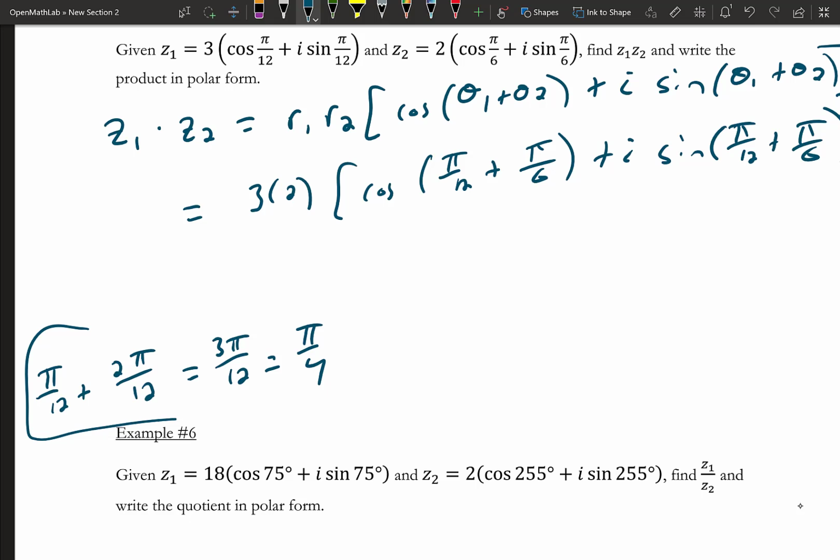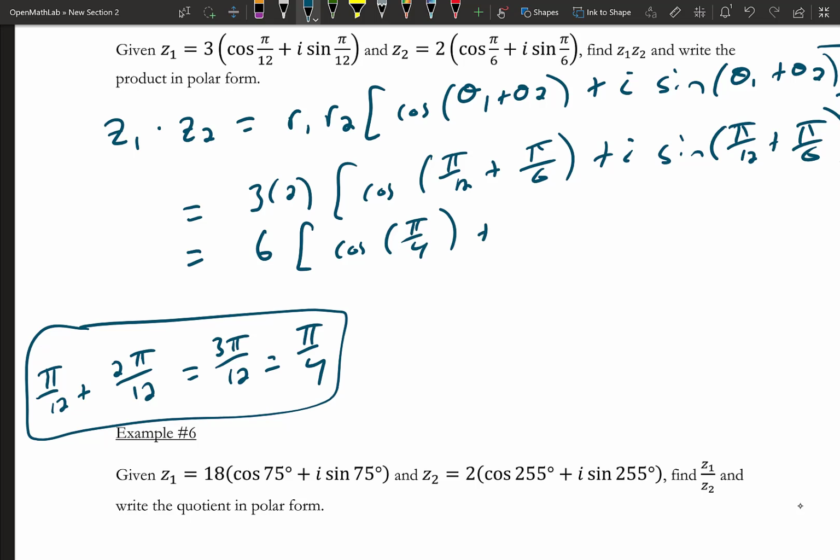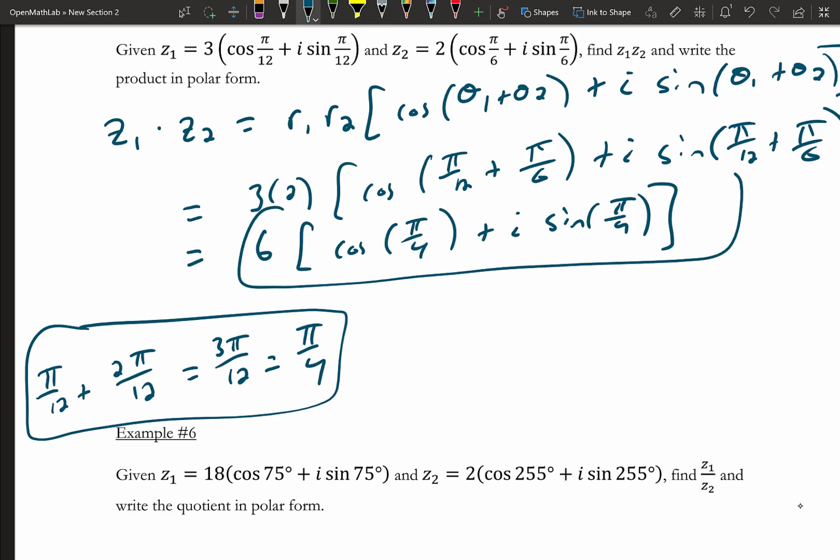So just doing that simple arithmetic there, this becomes 3 times 2 is 6 times cosine of pi over 4 plus i times sine of pi over 4. So that's the answer that we're after, the product in polar form.